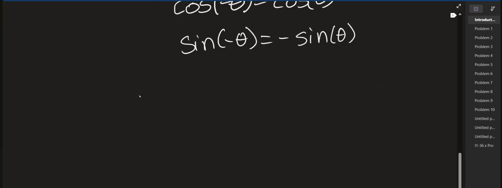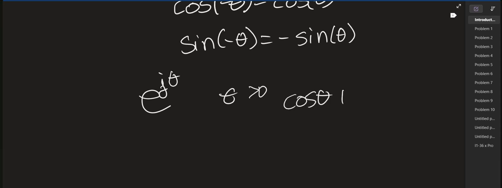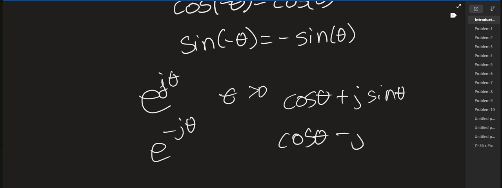So if I have e to the j theta where theta is positive, then I just have cosine theta plus j sine theta. But if I have e to the minus j theta, that's the same as cosine theta minus j sine theta.